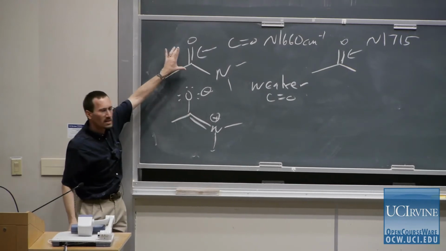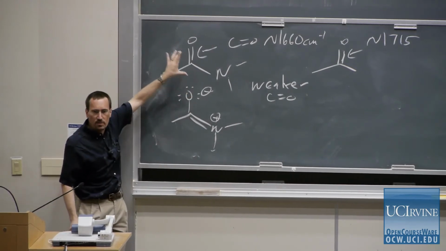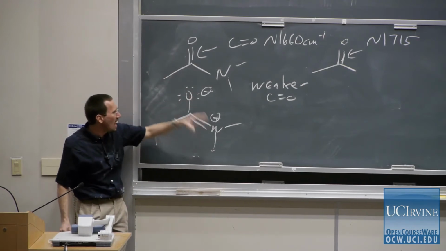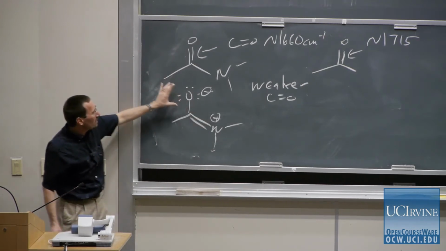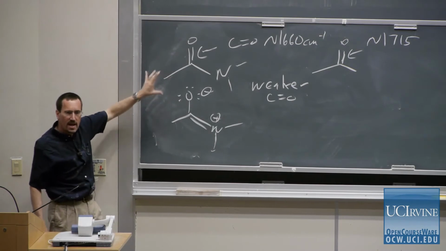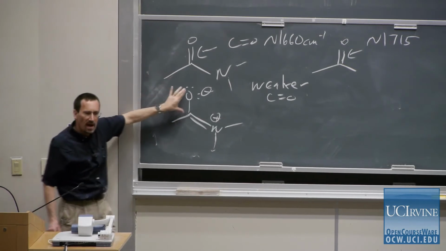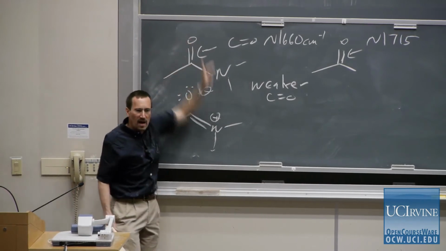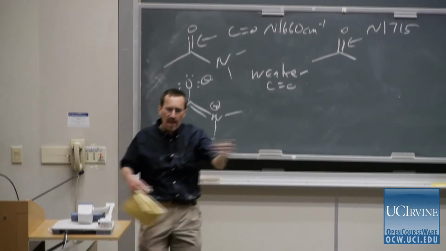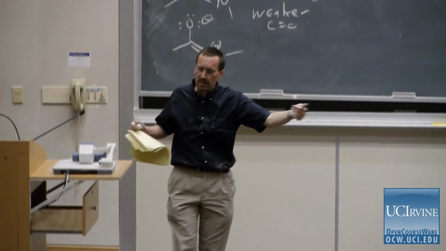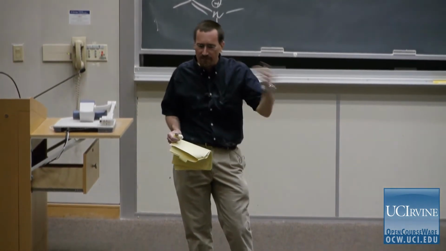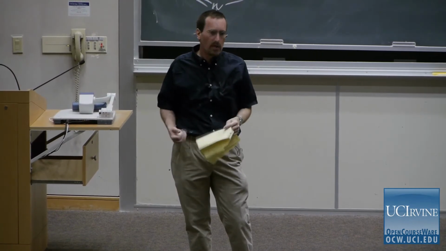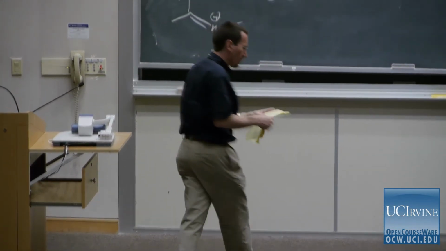Of course, it's not one or the other, it's both and other resonance structures at the same time. But if you look at this, you say, oh yeah, I can understand. We have some single bond character mixed in with the double bond character. So instead of vibrating at a higher frequency like a stiffer spring, it vibrates at a lower frequency, ever so slightly lower, like a less stiff spring.